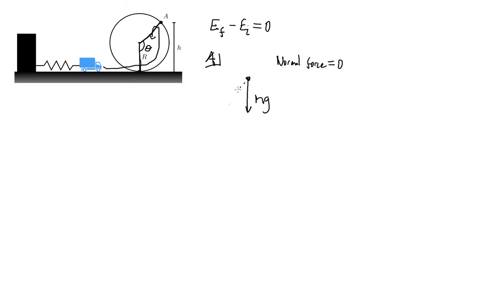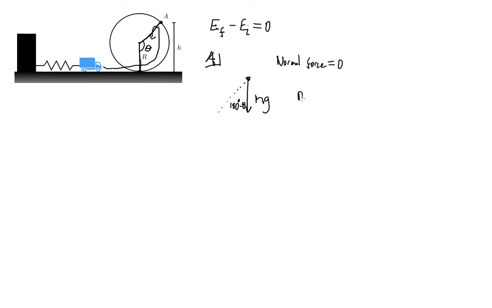Then I can figure out at that point, if this is theta, this has got to be 180 degrees minus theta. And I know that mg will project a component here.